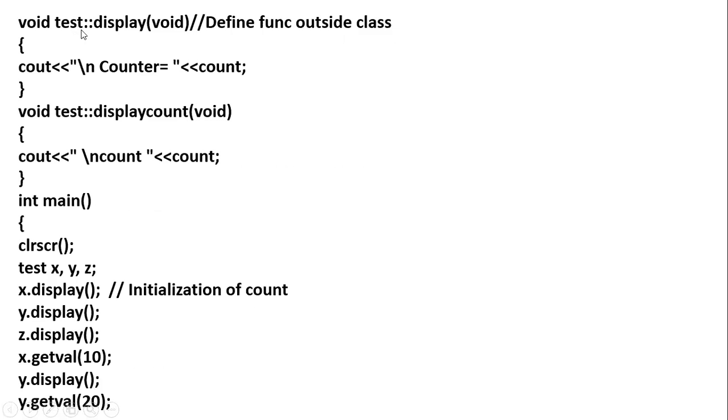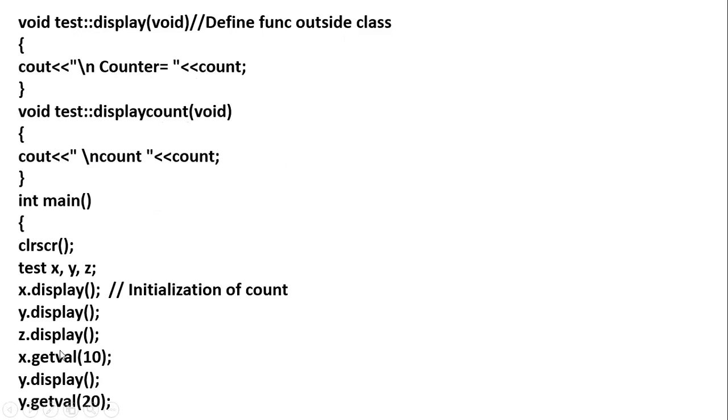We have also defined the normal display function, and here we are using the count variable, meaning we are using the static member of the class. After that we write display count. This is the static member function of the class, and here you can use only count.